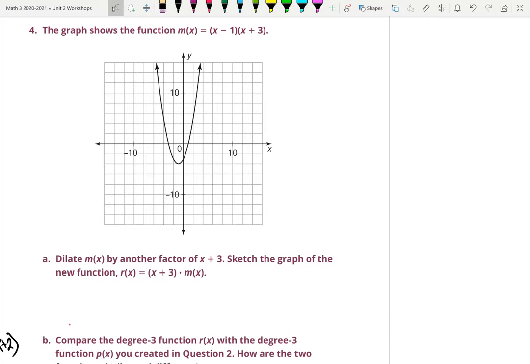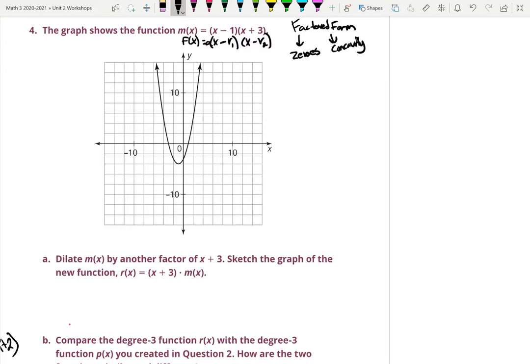Okay, connecting the whole piece. Now, m of x is graphed below, but the idea is that you should understand that it is in factored form. And basically this means without graphing it, I know that the zeros, and I also know what the concavity is. So let's go ahead and look at both. The general form of a function is going to be x minus root 1, x minus root 2.